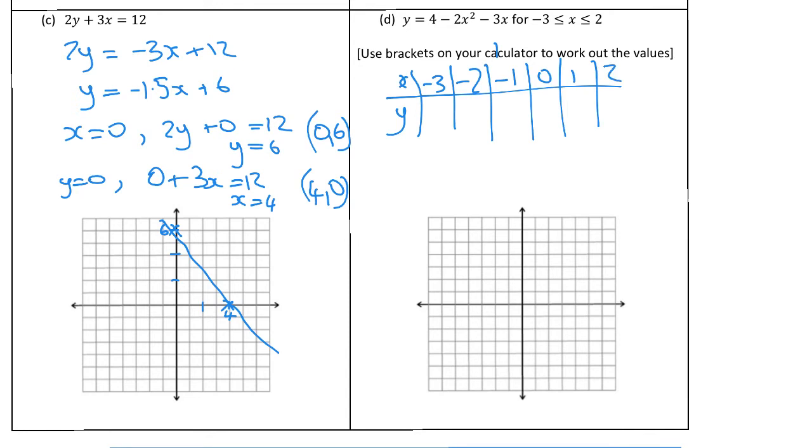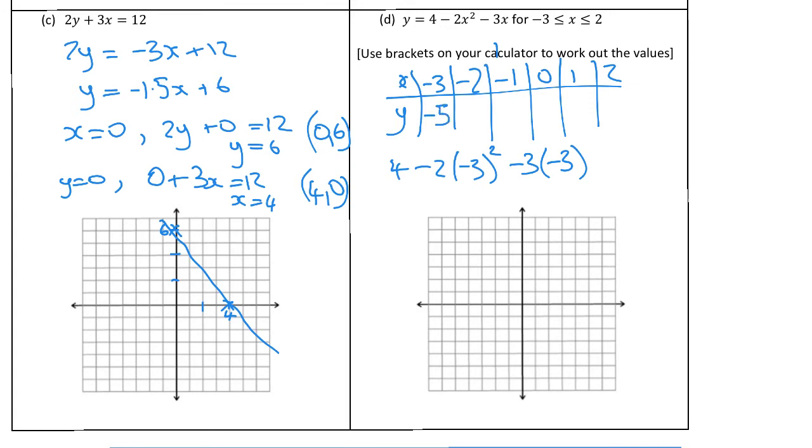And to put it into your calculator, we would type 4, take away 2, and then put in a bracket, and it would be minus 3 squared, minus 3 brackets minus 3, and you press equals, and we get minus 5.